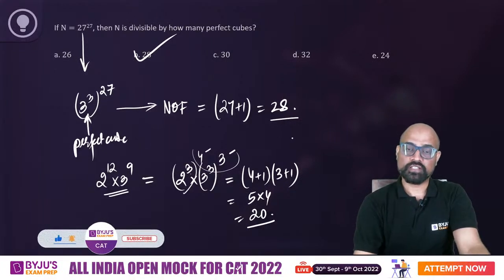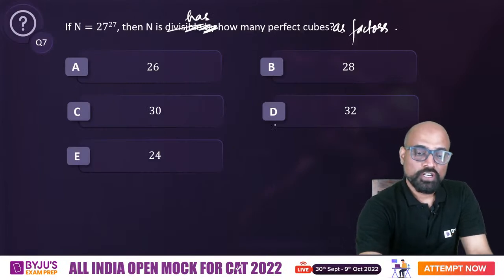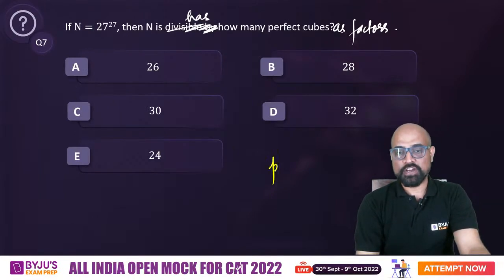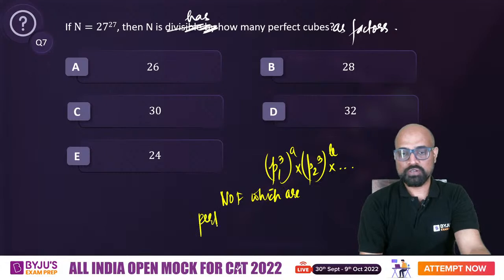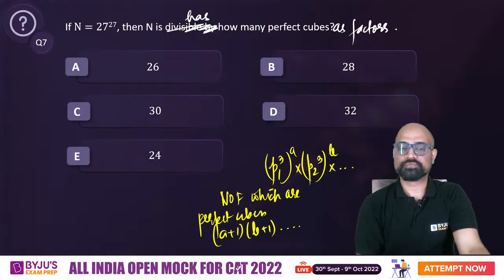ऐसे solve करते हैं. So in short, you can remember this as if you have P1 cube ka power A into P2 cube ka power B and so on, then the number of factors which are perfect cubes is given as power plus 1 into power plus 1 and so on.